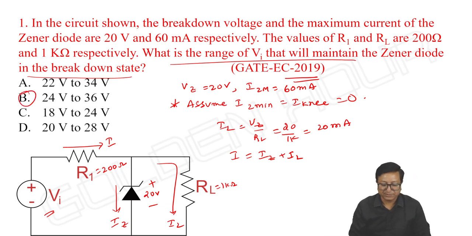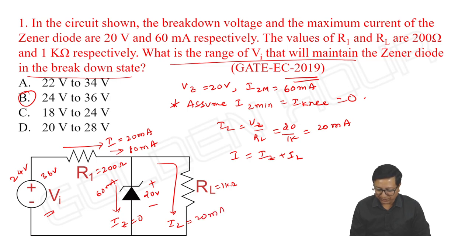Option B is correct. When input is 24 volts, the corresponding Iz is 0 and the corresponding I is equal to IL, which is 20 milliamperes. Then when input is going up to a maximum of 36 volts, that time I is equal to 80 milliamperes, because Iz is equal to 60 milliamperes and IL remains constant at 20 milliamperes.